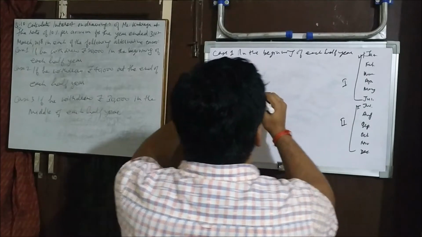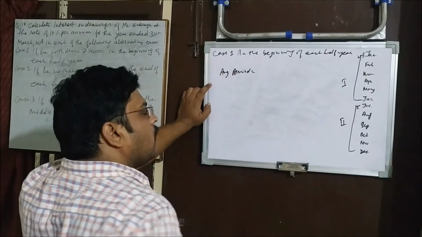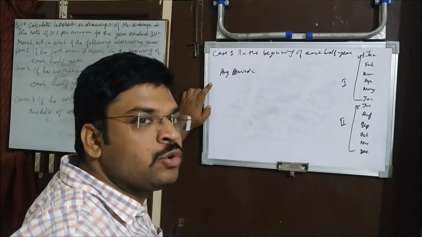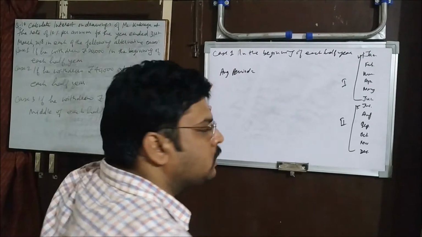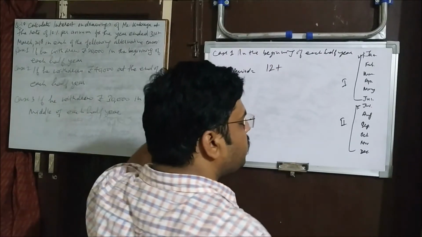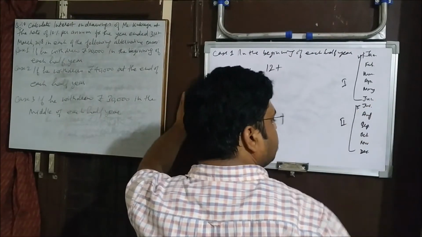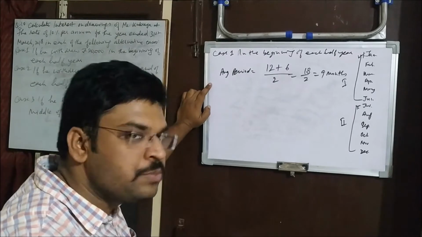To calculate the average period, how many months are left after the first drawing? Complete 12 months, so we write 12 here. Now the last drawing will be made by him on 1st July, and 6 months are left. So 9 months is the average period.